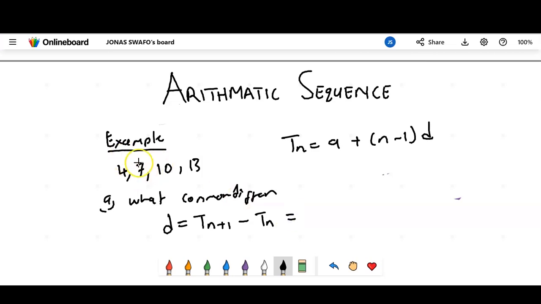And in our example, meaning from here we can say T2 minus T1, which equals our T2 is 7 minus our T1 is 4. Therefore, our difference would be 3. Guys, if you didn't understand, please pause the video and rewind.